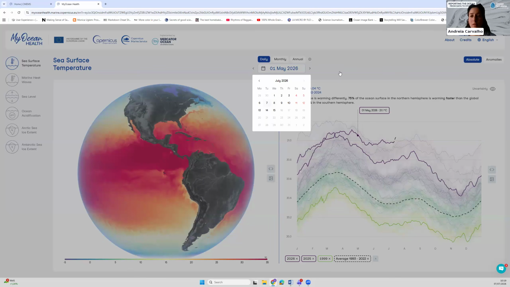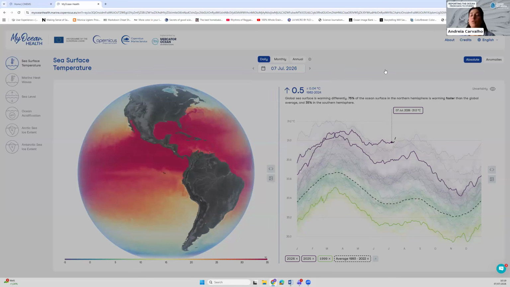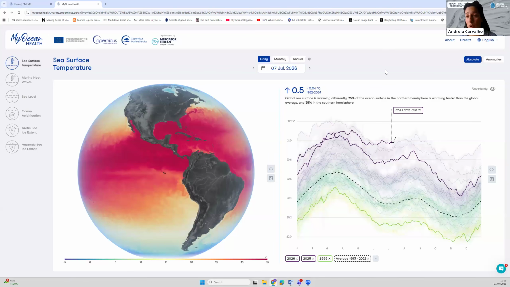We really hope you can use it. This can be useful to inform about the current state and all the changes happening in the ocean. Thank you, and I'm available for questions if you have any.